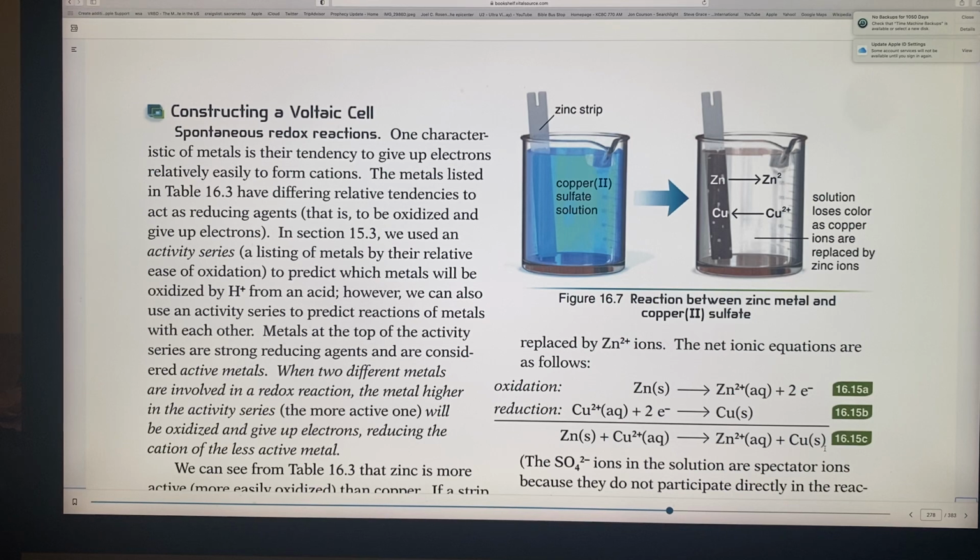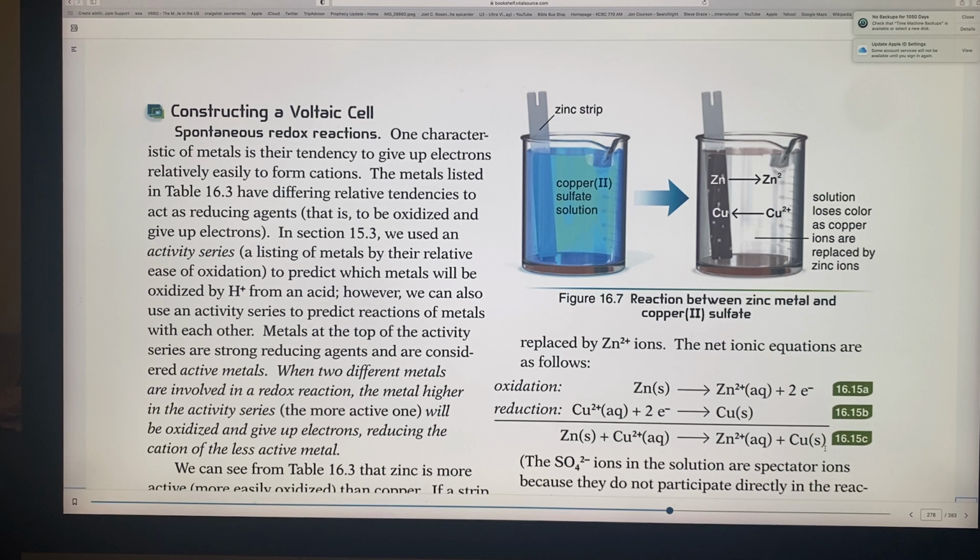They're very active metals. We had this in the last chapter, chapter 15, section 3. You can go back and find out which metals are more active than others, because they really want to react with another, since they need to accept or get rid of electrons. This makes them very active.